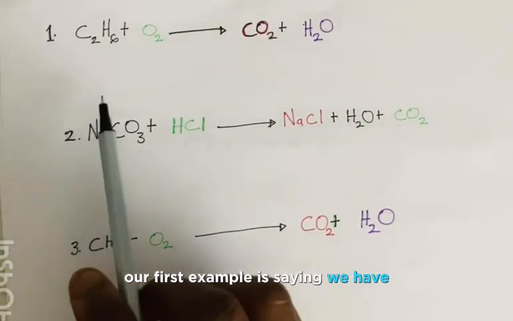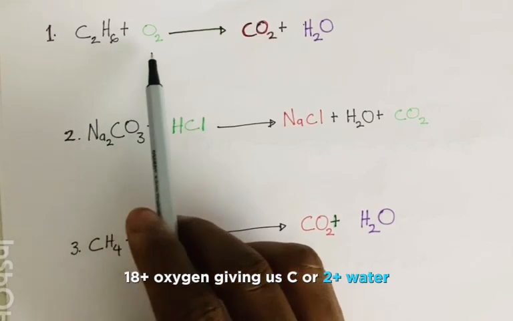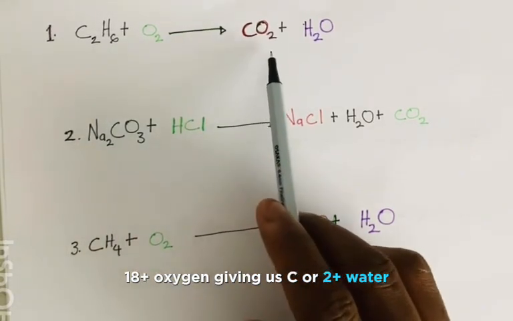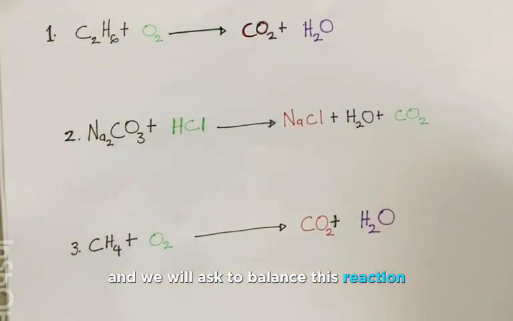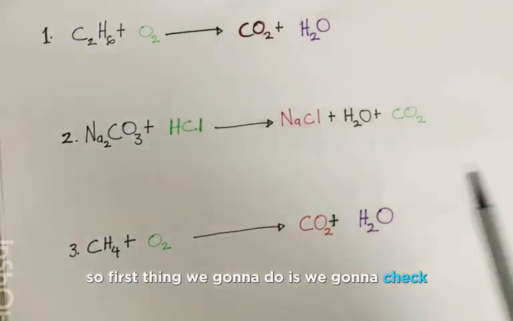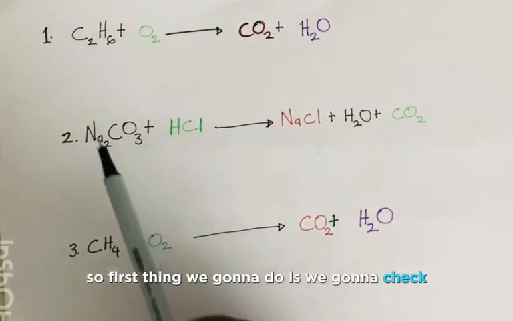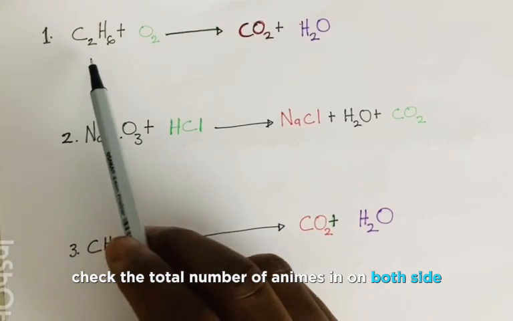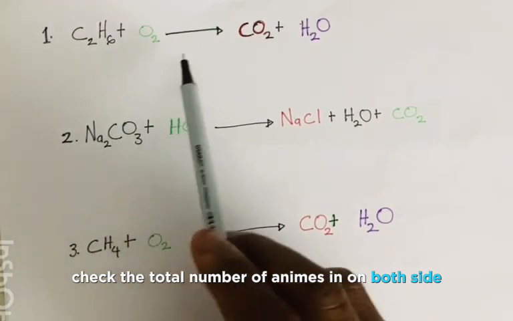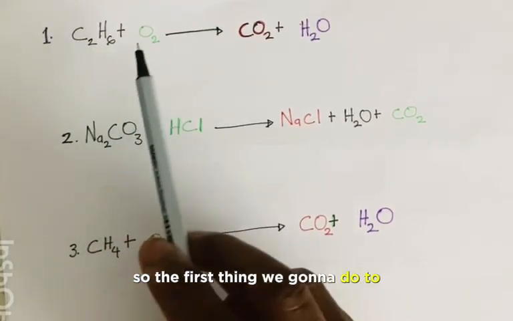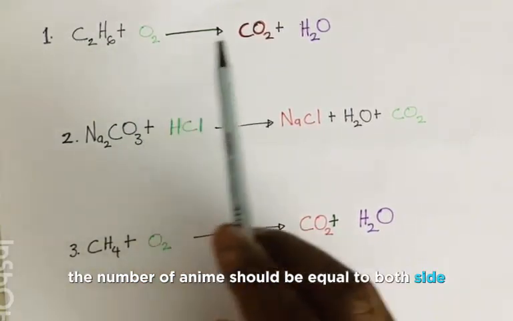Our first example is ethane plus oxygen giving us CO2 plus water, and we are asked to balance this reaction. The first thing we're going to do is check the total number of elements on both sides. The total number of elements should be equal on both sides.